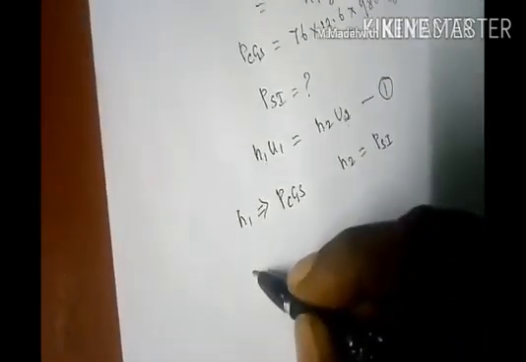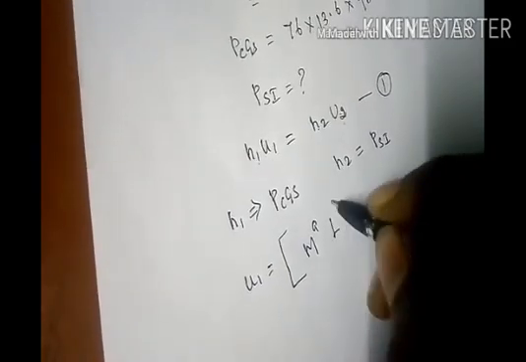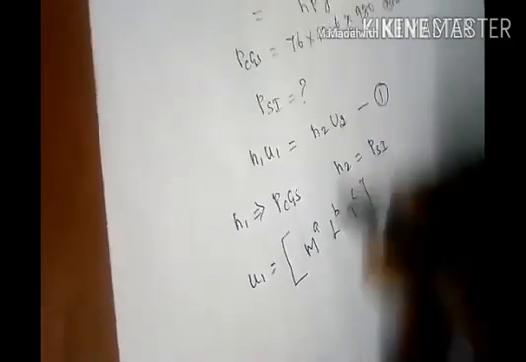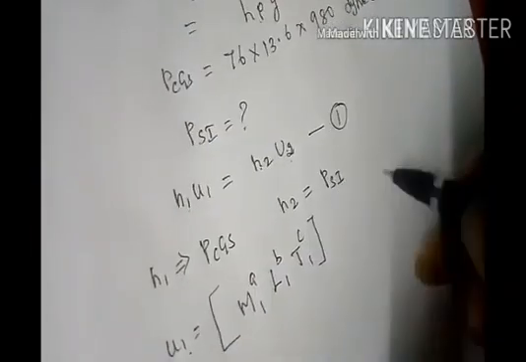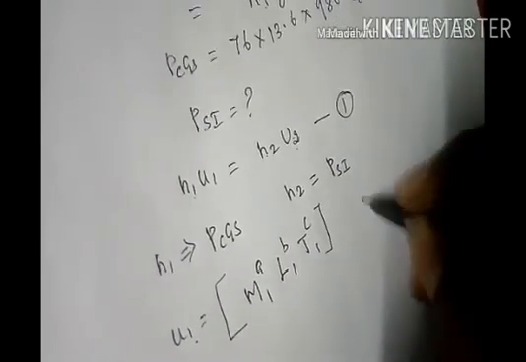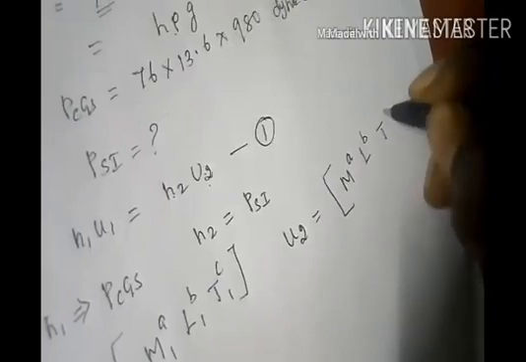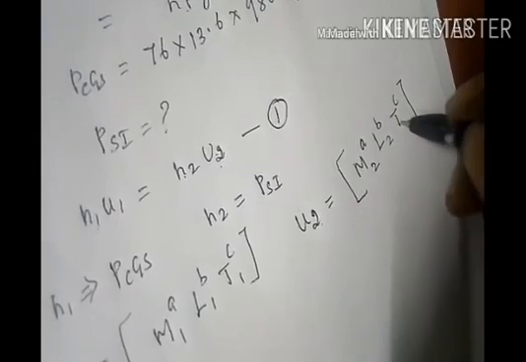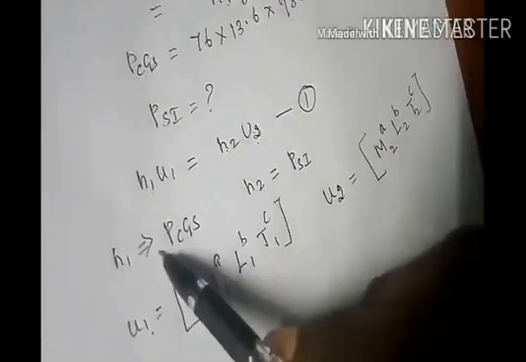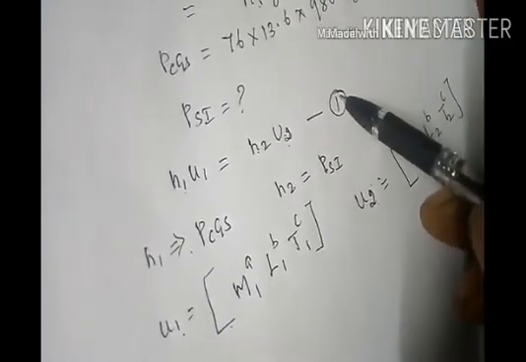So here U1 dimension is M power a, L power b, T power c. The system is 1, so I will put 1. Next, U2 dimension is M power a, L power b, T power c. Here the system is 2, so I will put 2. Now these values of N1, N2, U1, U2 are applied in equation number 1.